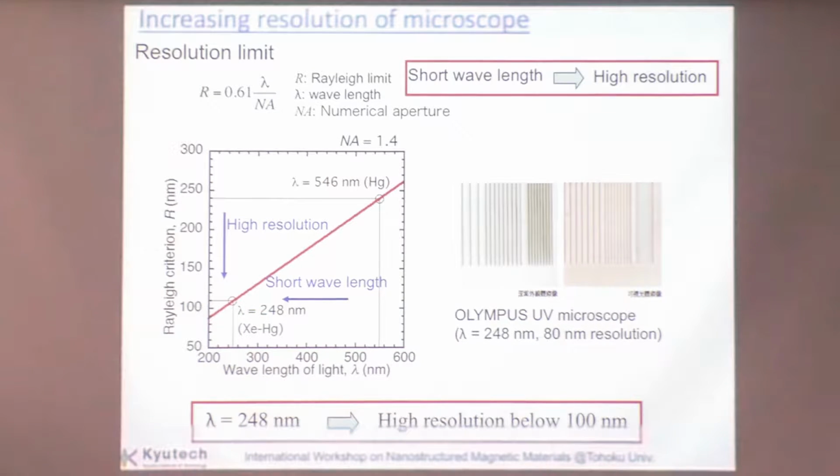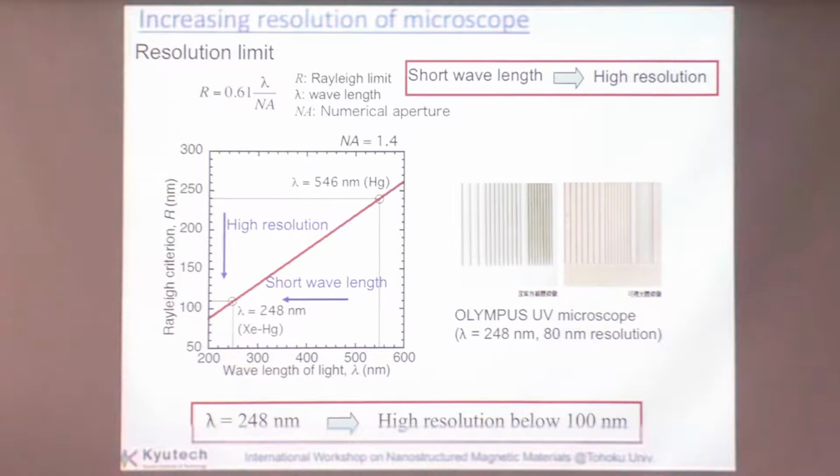The wavelength is 248 nanometers. And this figure shows an optical photograph of a line pattern taken with a commercially available ultraviolet light microscope. In this case, 80 nanometer resolution can be obtained.